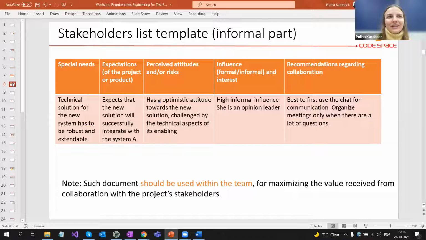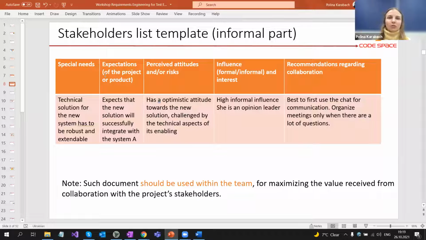That one is really like insider's information, something you've learned about this person during communication with him or her. So it's some assumptions, also more subjective information: special needs, expectations of the project or product, perceived attitudes or risks of the person, influence. Here we had authority level, like formally, can this person make a decision?